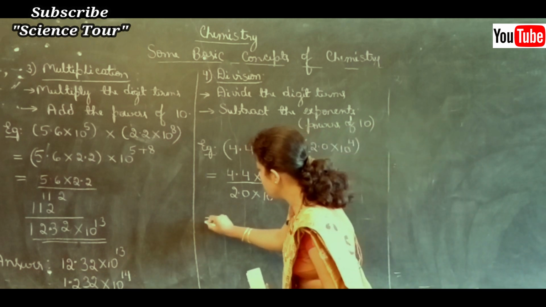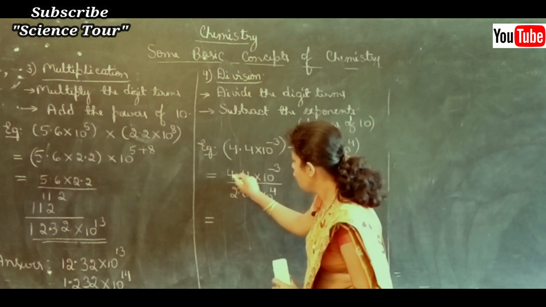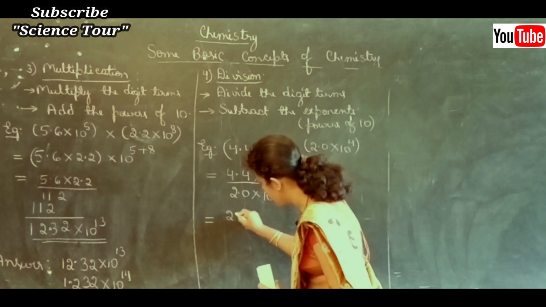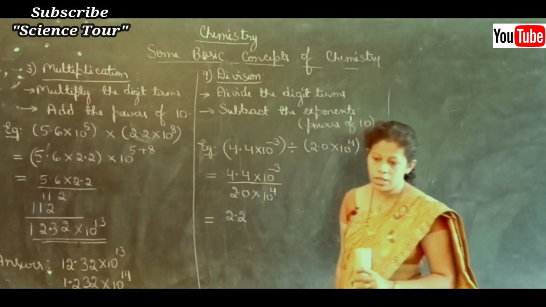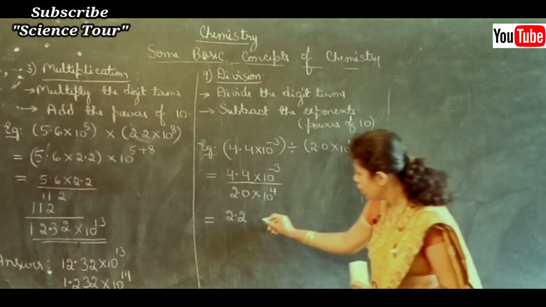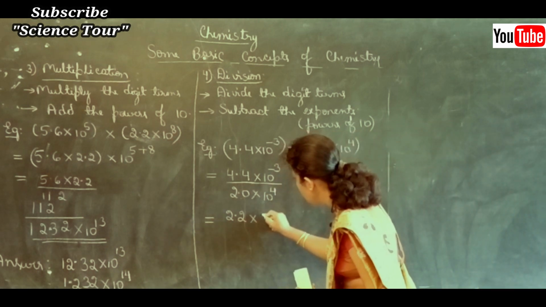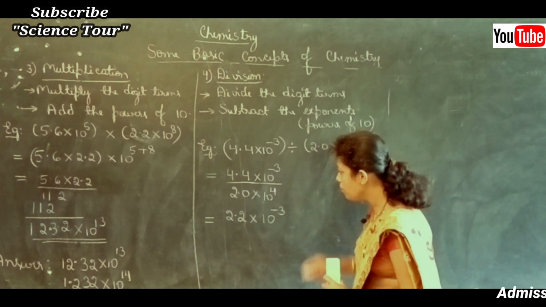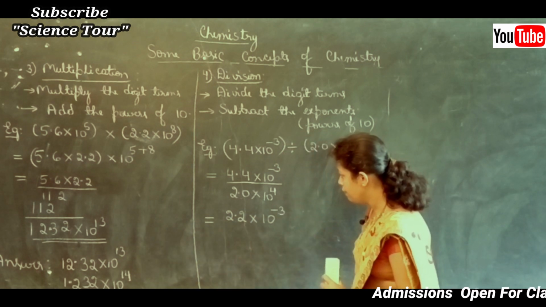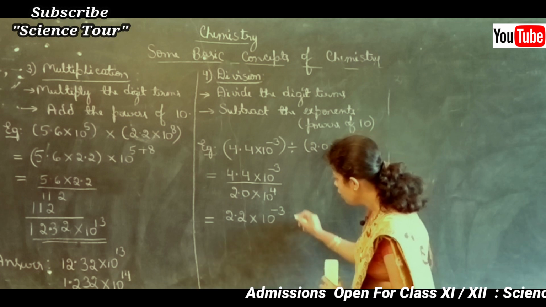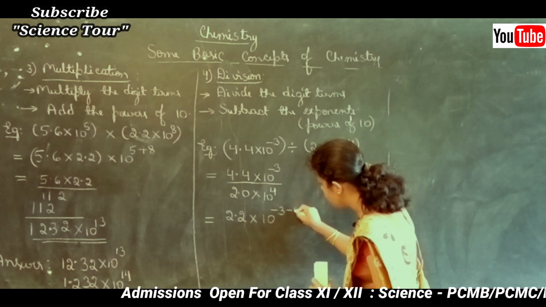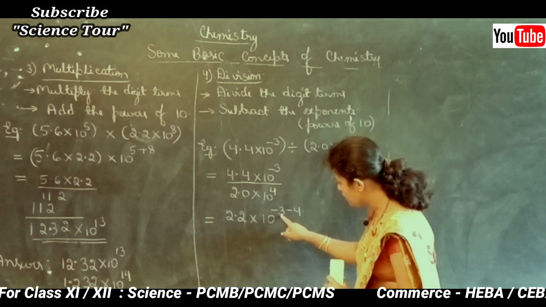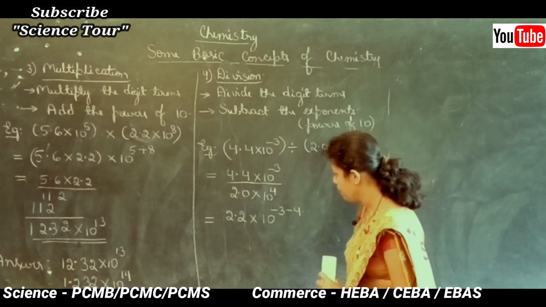Now, first let us divide the numbers. 4.4 divided by 2.0 is 2.2. Now the power of 10. In the numerator I have 10 to the power minus 3. In the denominator I have 10 to the power 4, which when I take to the numerator becomes minus 4. So 10 to the power minus 3 and 10 to the power minus 4.